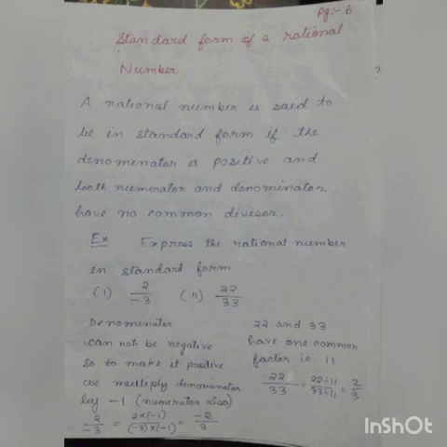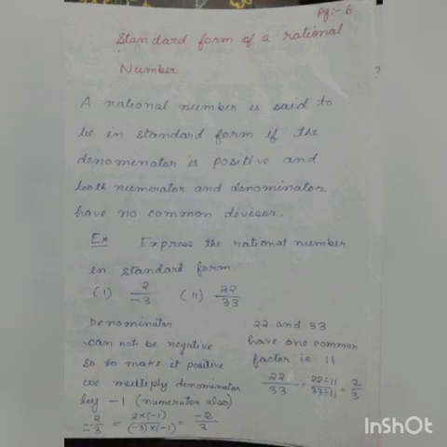As we have multiplied the denominator with minus 1, we have to multiply the numerator with the same number also. So the standard form for 2 by minus 3 is minus 2 by 3.